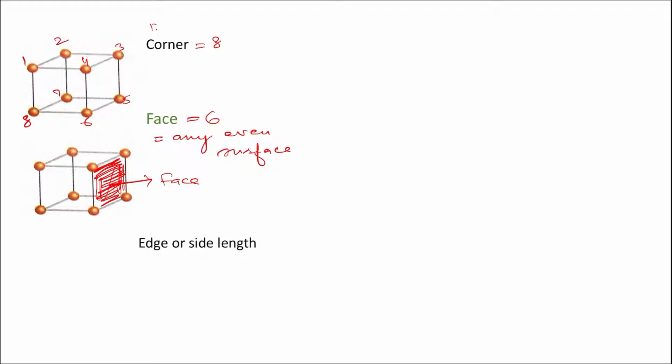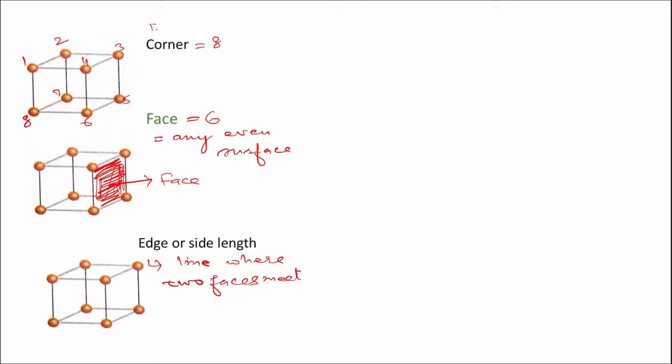Now the next element is the edge or the side length. What is an edge? An edge can be termed as a line where two faces meet or join. So obviously in this unit cell, this is the line where this face and this face meet, and this is a line where this face and this third face meet.